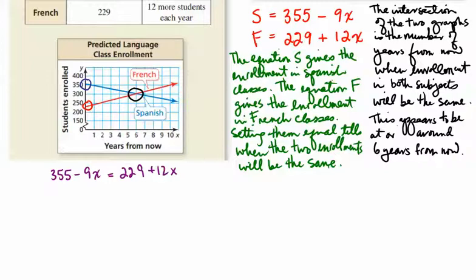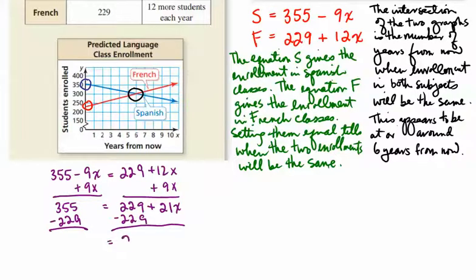I can either move them to the left by subtracting 12x, or I can move to the right by adding 9x. In this case, I'll add the 9x. That will help to keep things positive. And I'll have 355 is equal to 229 plus 21x.